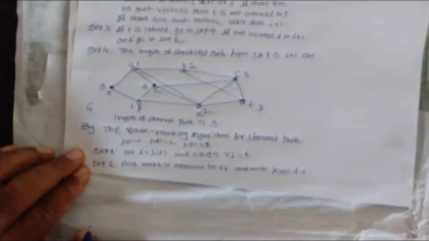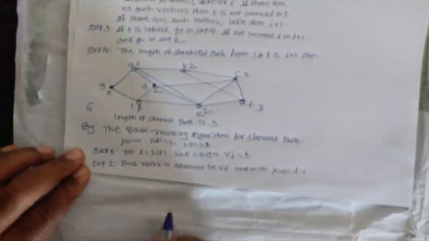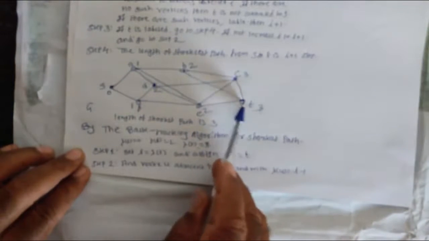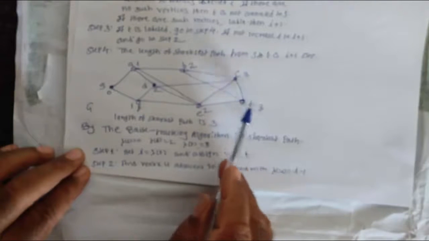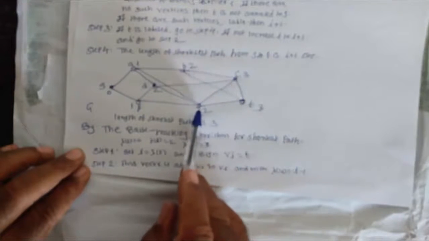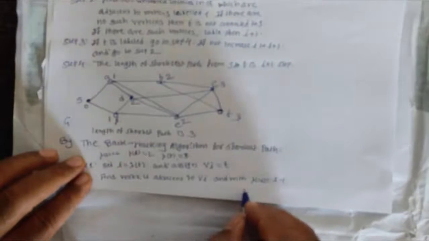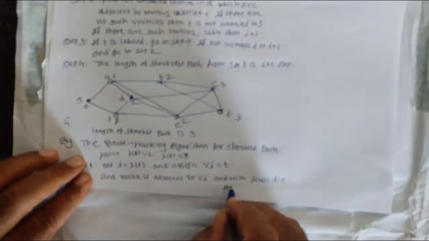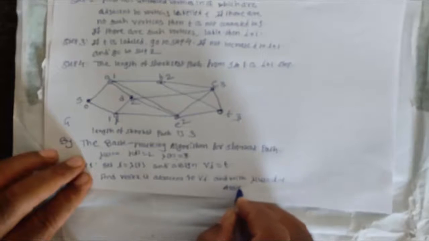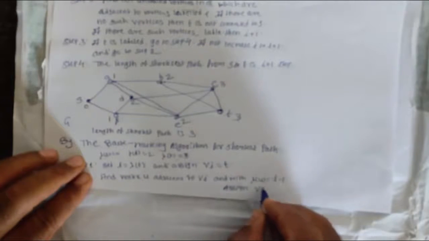That means the previous vertex. If lambda of T is equal to 3, then find a vertex adjacent, that means here E or B. And assign Vi minus 1 equal to U.